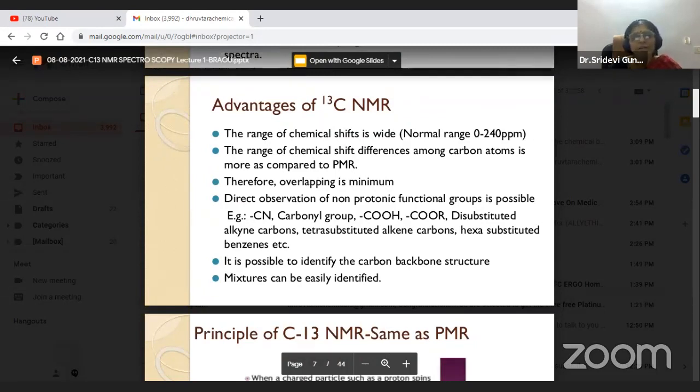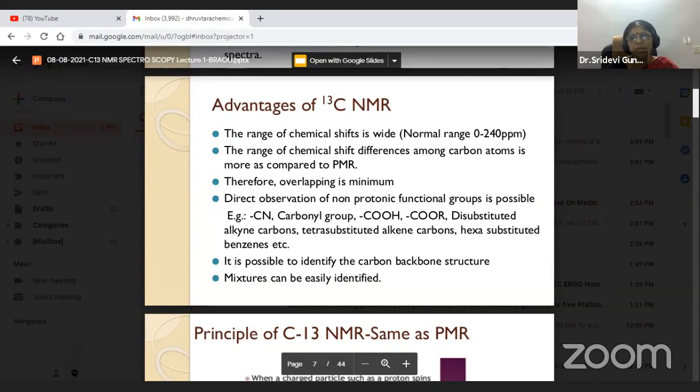Then, what are the advantages of C13 NMR? Advantages are many. As I told you, the direct carbon skeleton, the direct carbon framework, can be observed. Another very important advantage is that the chemical shift range is very wide, 0 to 240 ppm, whereas proton NMR is just 0 to 10 for general molecules, and up to 14 or 16 for enols.